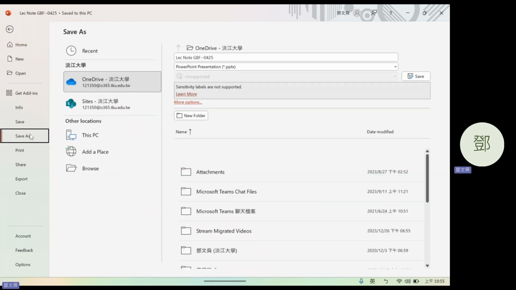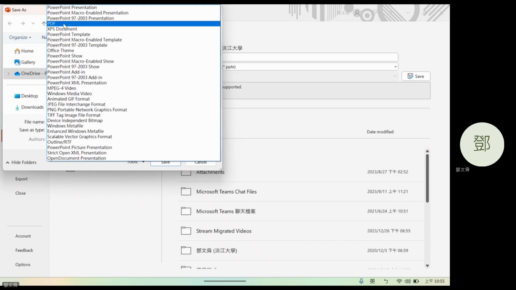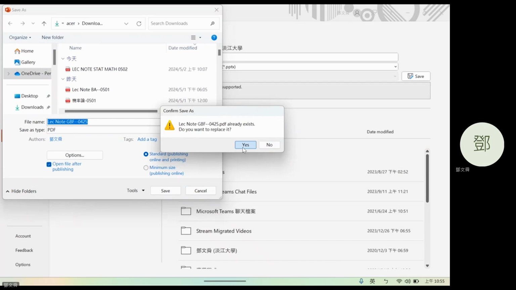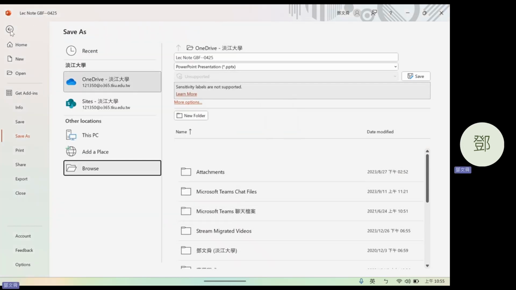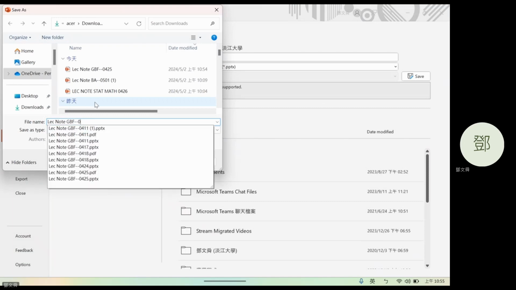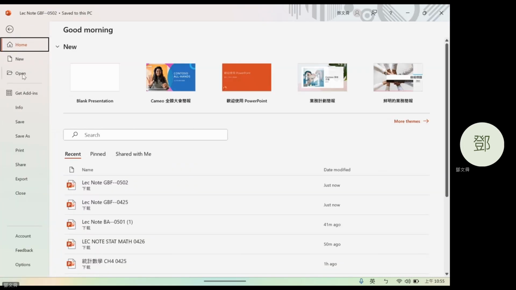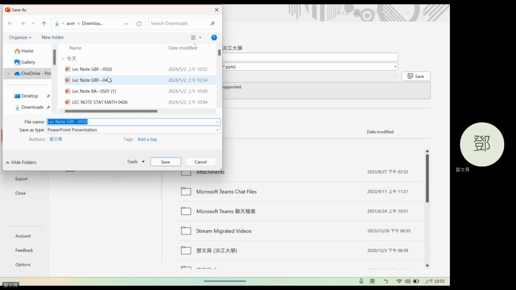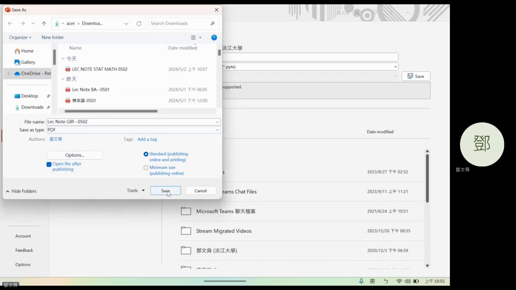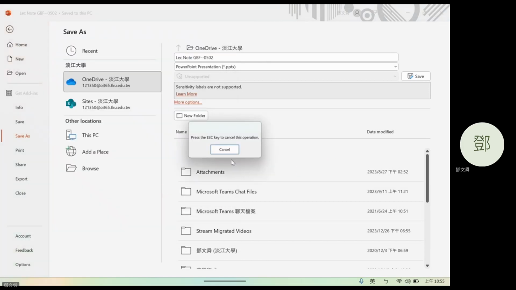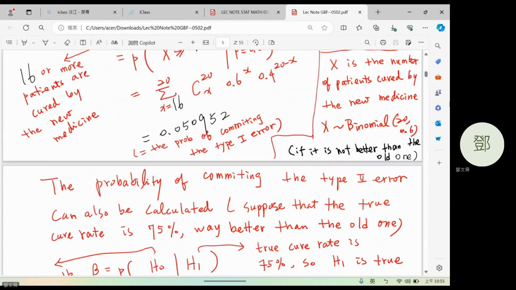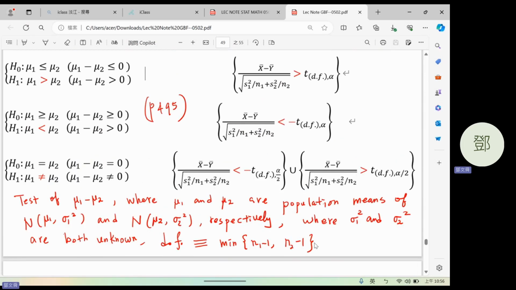What if I save it as a PDF file? Is the circle still here?